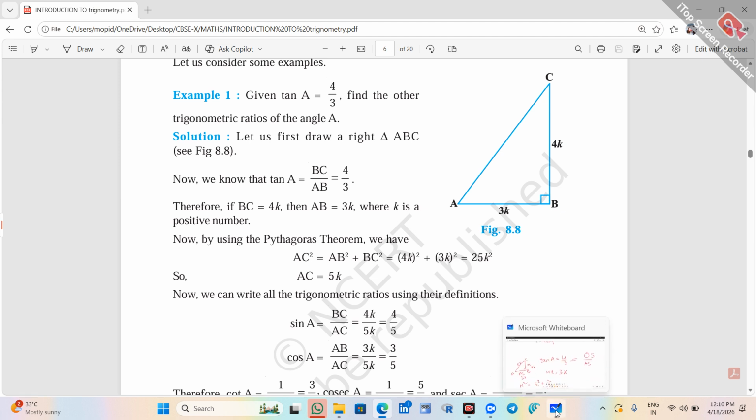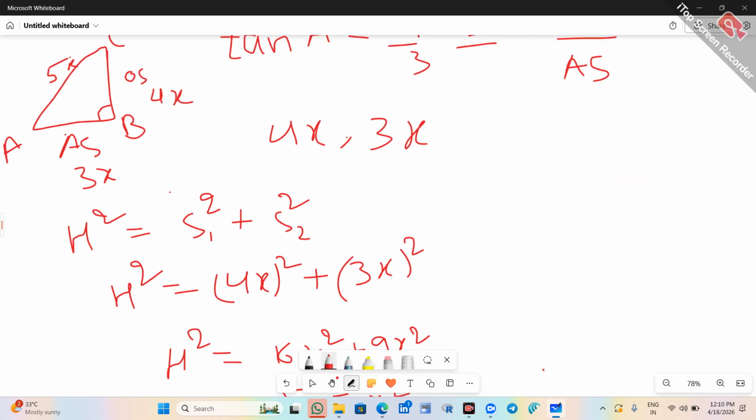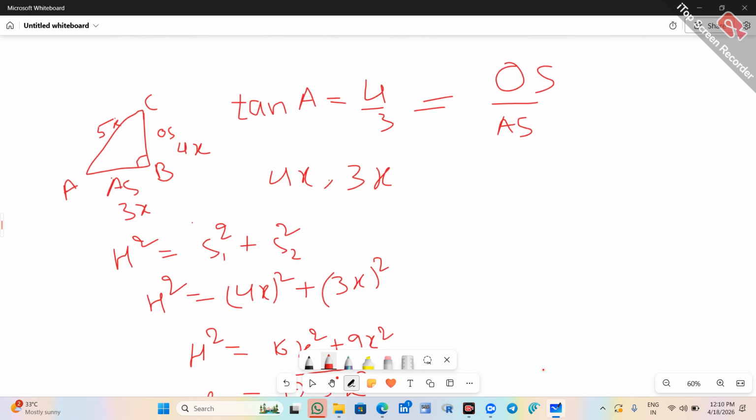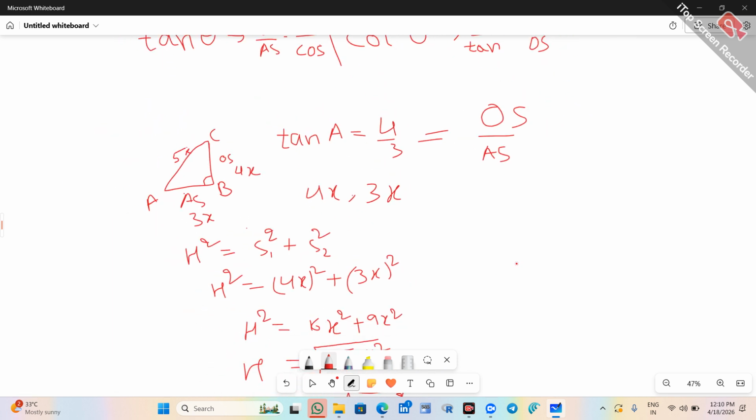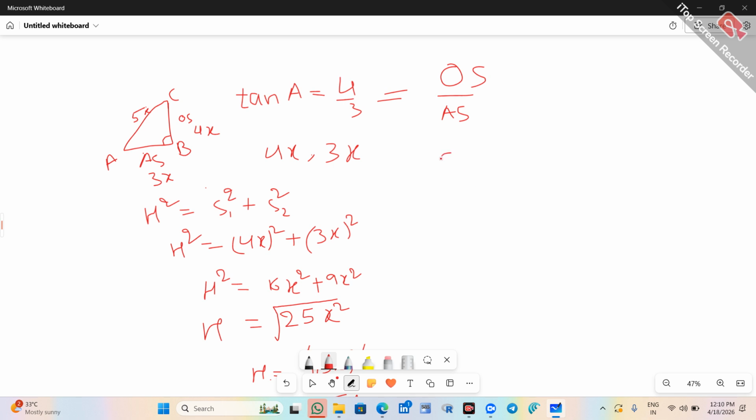When we know the values, we can just find the trigonometric ratios. Tan theta is 4/3. Sin theta will be opposite side over hypotenuse. Opposite is 4, hypotenuse is 5, so 4/5.